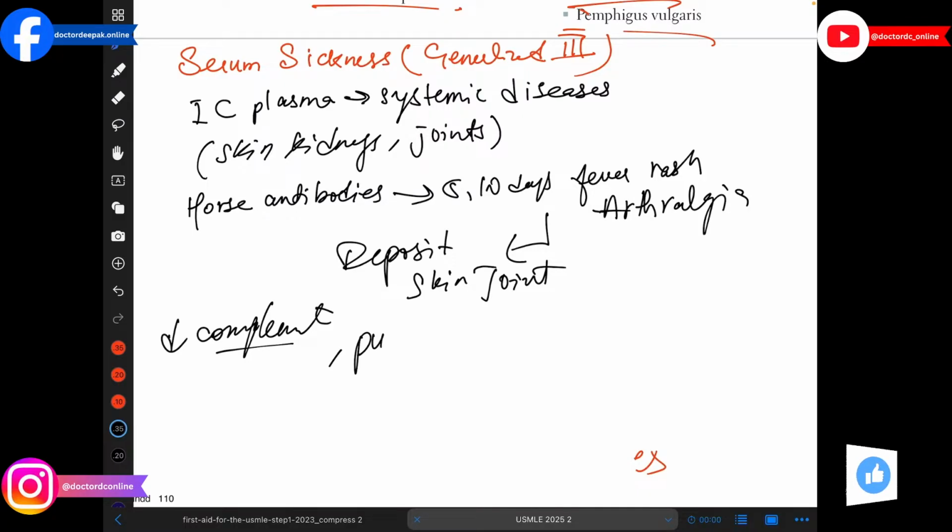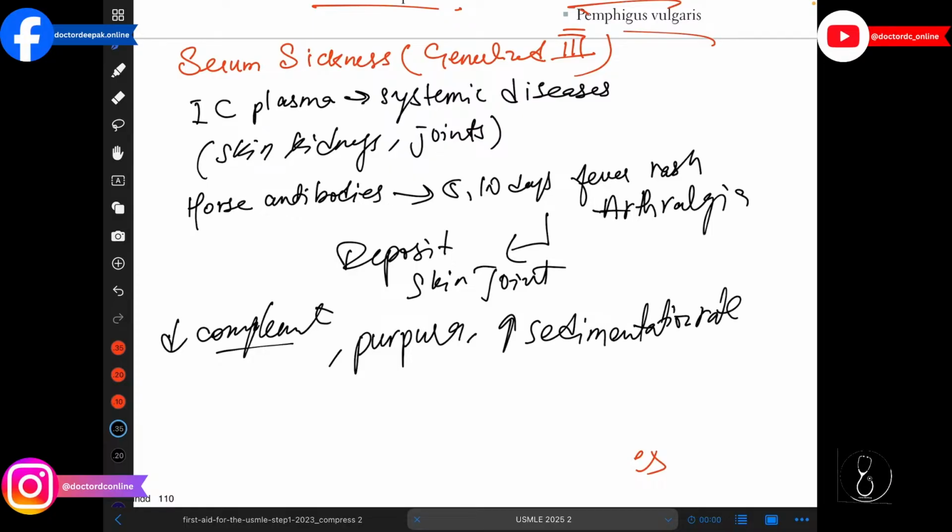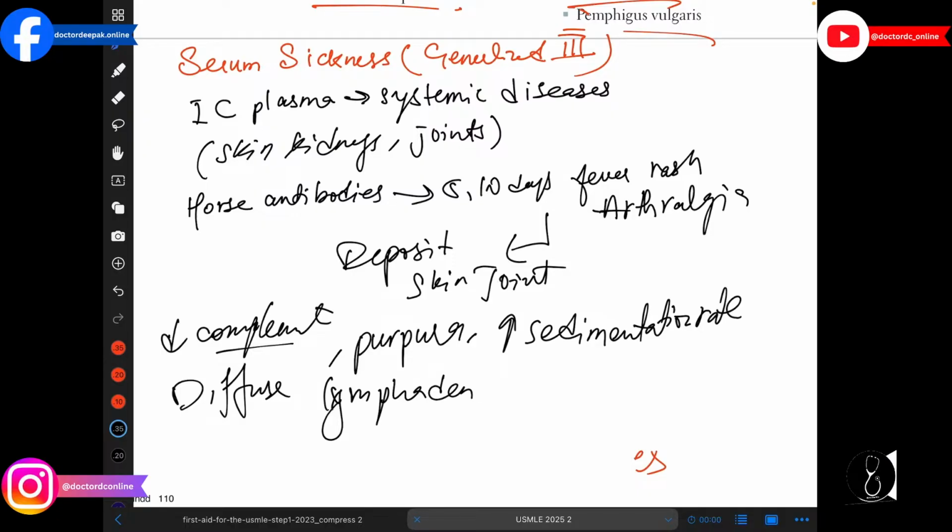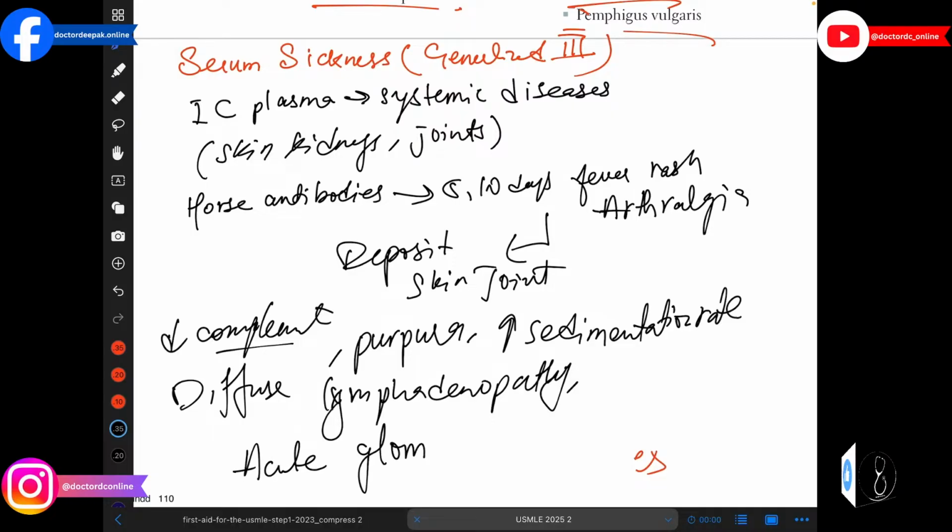There will also be purpura, elevated sedimentation rate, diffuse lymphadenopathy, and acute glomerulonephritis.